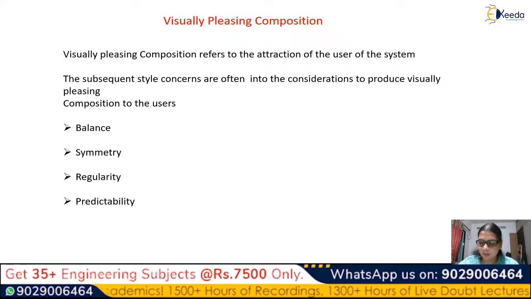As we talk about balance, now symmetry. Create symmetry by replicating parts, like left and right of the screen line. Then regularity. Regularity is created by establishing common spacing and symmetrically spaced horizontal and vertical alignment points. Then you have predictability.